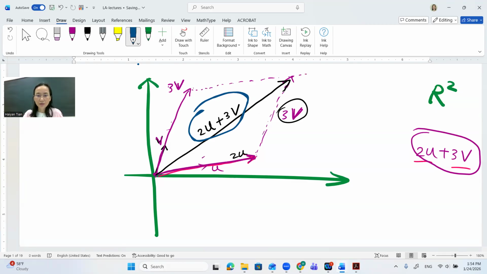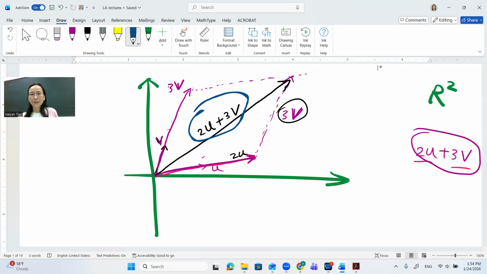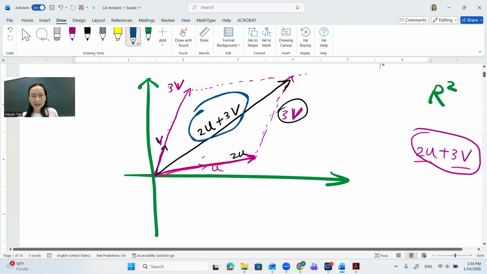Being generated by u and v. We can also say a linear combination of u and v produces this vector in the black ink I drew here. Okay, so now hopefully you have a more intuitive understanding of vectors and vector operations and their geometric meanings.